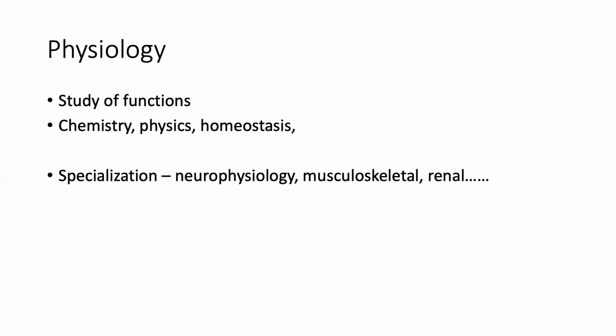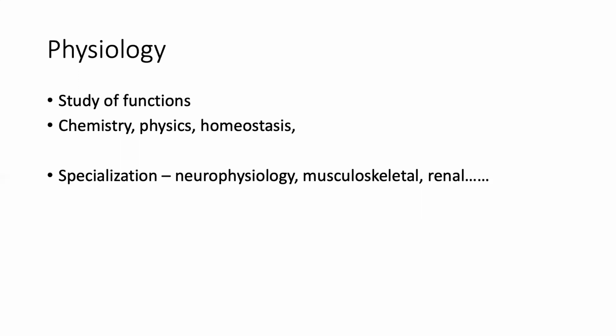Physiology, as we said before, is more concerned with the study of function, which means the study of the chemistry and physics involved when the body tries to maintain its homeostasis. Homeostasis means the very natural status.